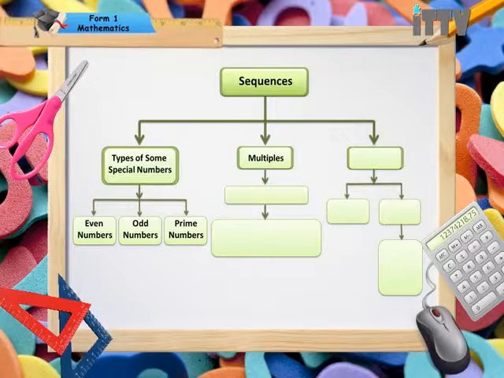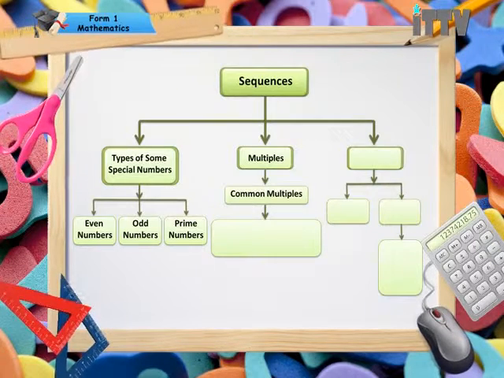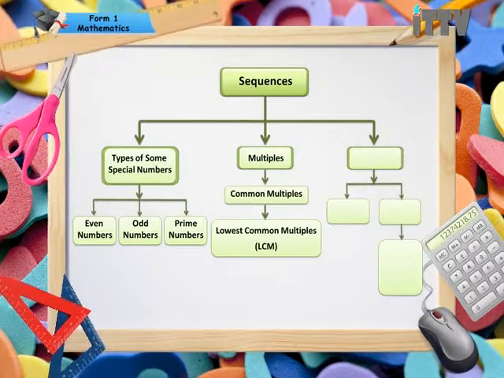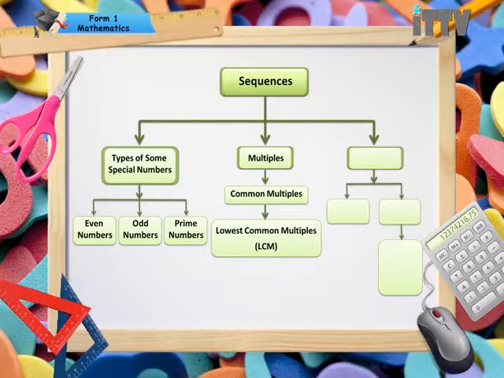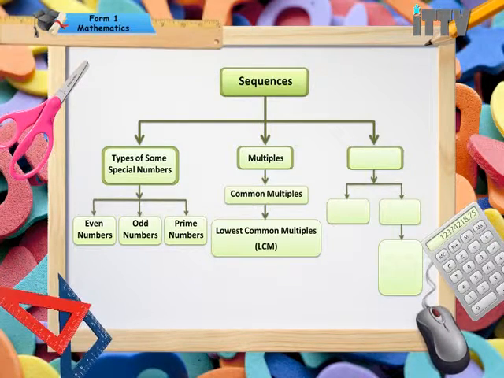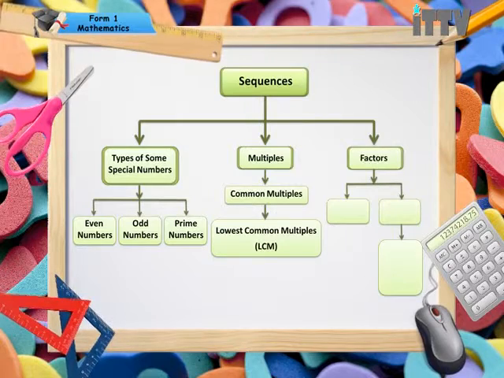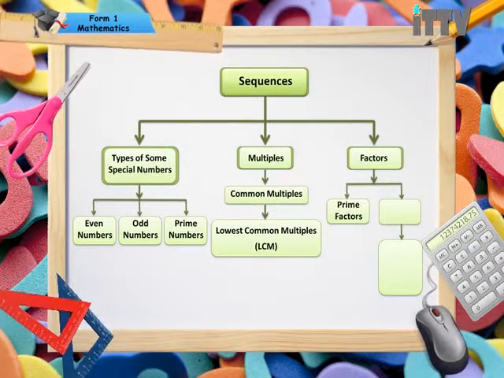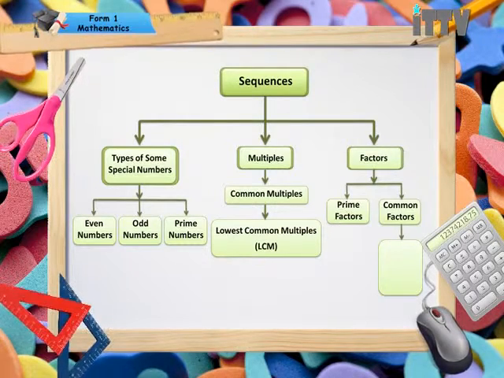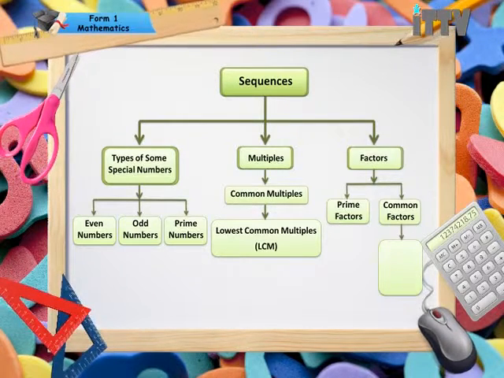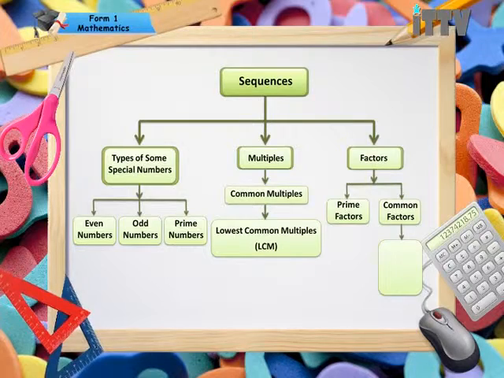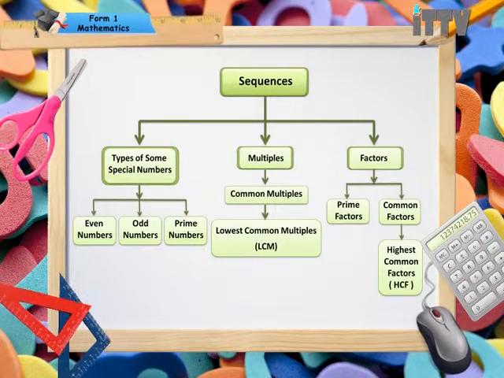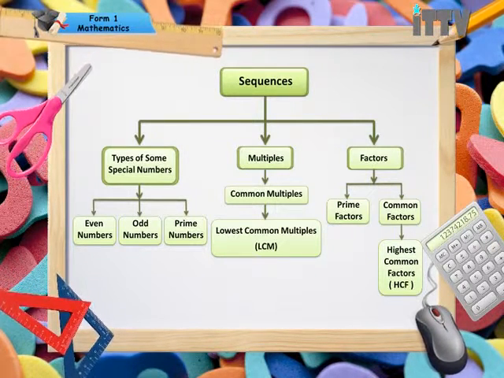And in multiples, you saw common multiples and further on lowest common multiples, known as the LCM. We also taught you factors. And under factors, we taught you prime factors and common factors. Now, the most important common factor was the highest common factor, also known as HCF.